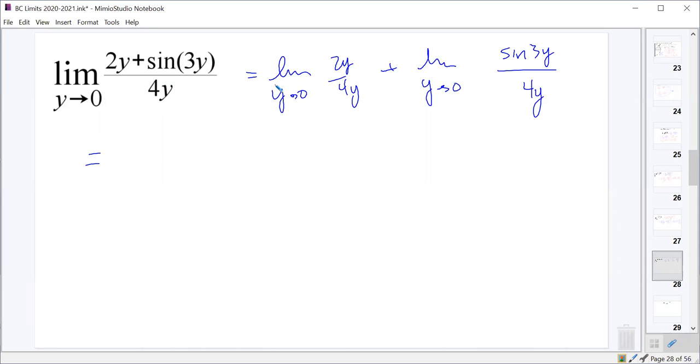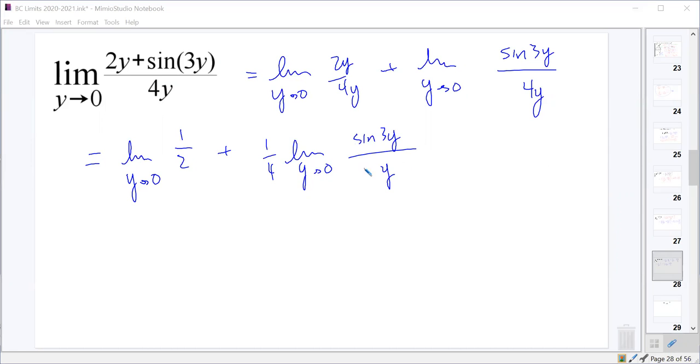So first one, 0 over 0. This becomes a limit as y approaches 0, then cancel the y's and reduce to just a half. And then this one, we'll pull out the 1/4. And in the denominator, we'll have to throw in then 3 with the 3 in the numerator.